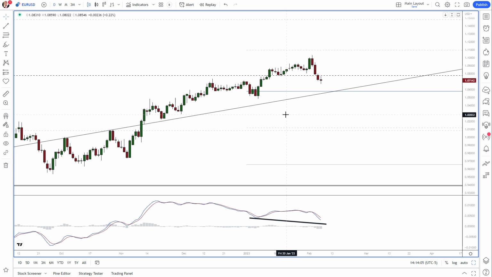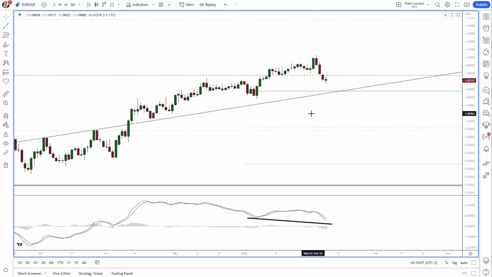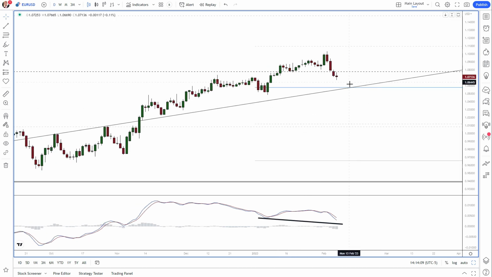I call it a trend continuation divergence because basically that's what it is, right? You want to go with the trend and then potentially make a move all the way back up to 1.1100.